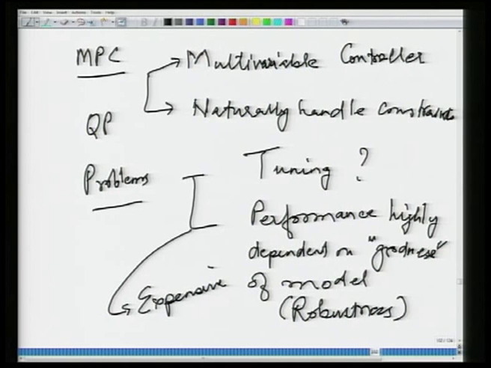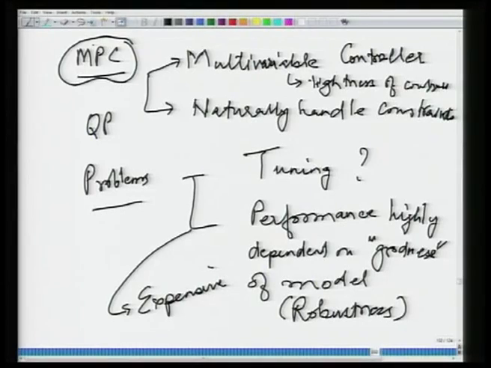So, like I said before, since it is a truly multivariable controller, in multivariable applications in particular, tightness of control will be really good compared to decentralized PI type of controllers. You can naturally handle all types of constraints.